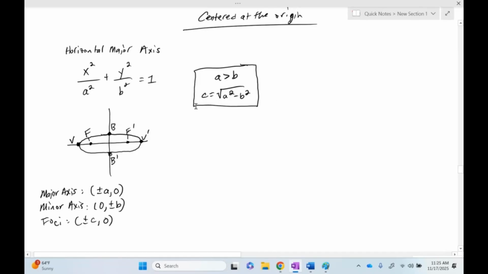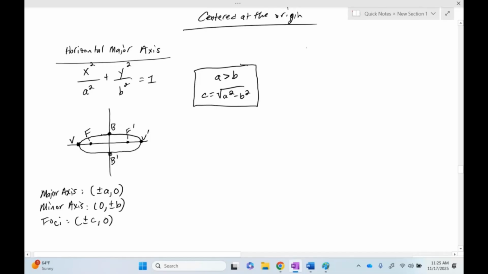So you can find C by using this formula. C is going to equal the square root of a squared plus b squared. All right, so this is the most basic formula for an ellipse with a horizontal major axis.